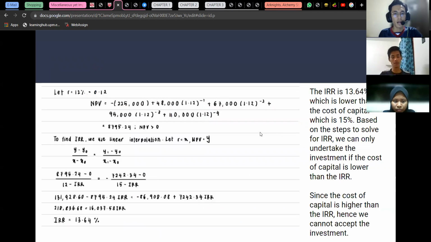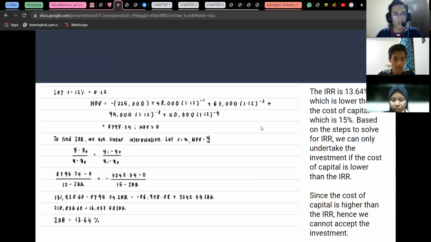So we are going to let R equal 12%, which is 0.12 in our calculation. We plug in all the values that we had just now into the formula of NPV, this time using 0.12 as our value of R, and then we get the NPV value 8,795.24, which is a positive value.